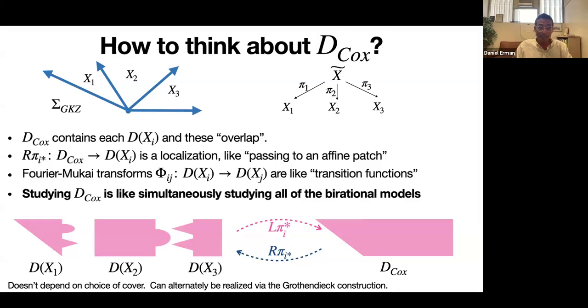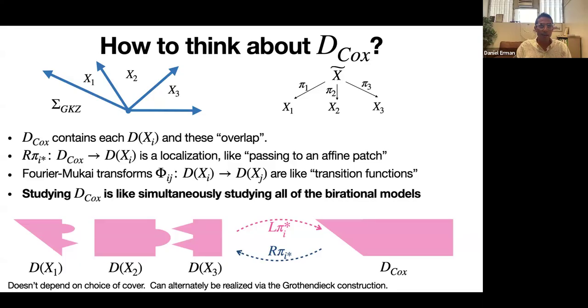But the Grothendieck construction allows you to take categories and functors between categories, like these Fourier-Mukai transforms, and build a new category out of it. So you can build it in that way. It's a little closer to the gluing picture.